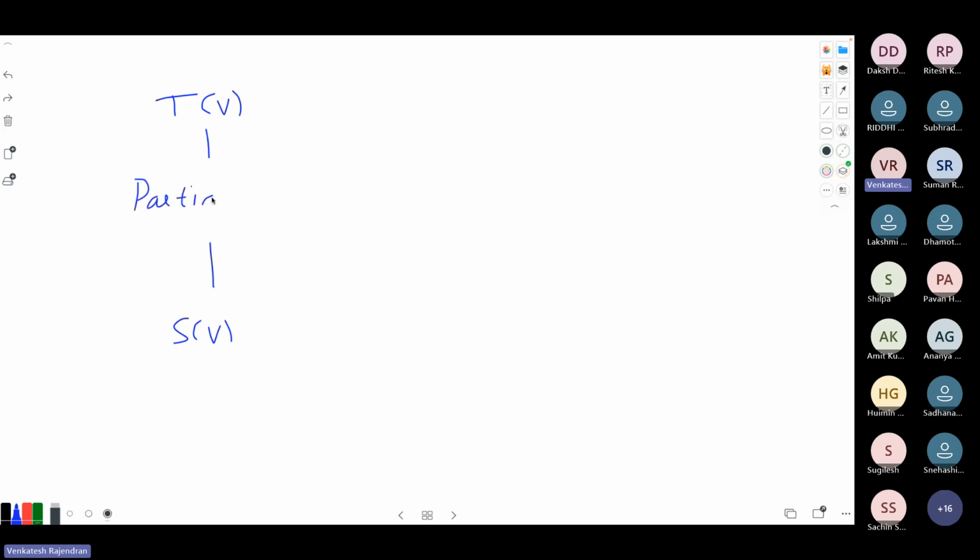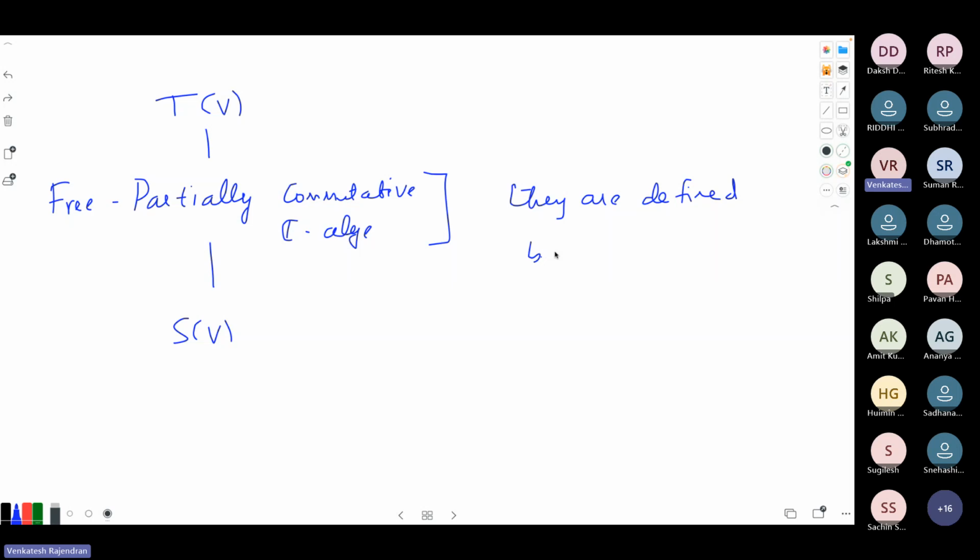So you can have what is called partially commutative C-algebras. Again, they are free partially commutative, because of how they are defined: by declaring only some of the variables x_i to commute.